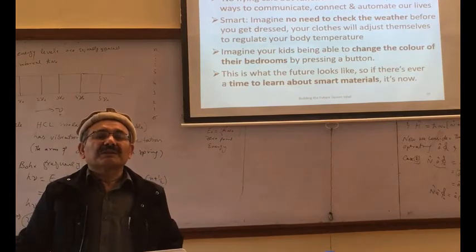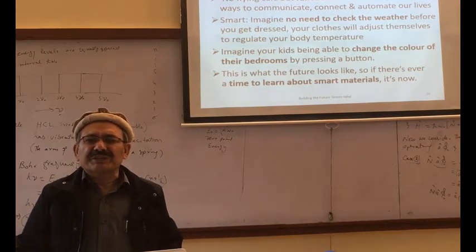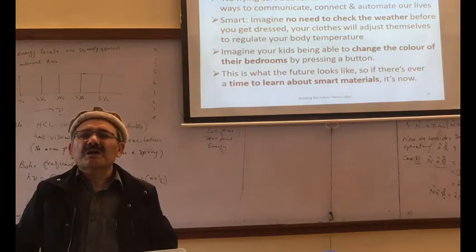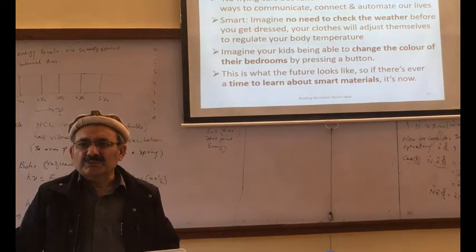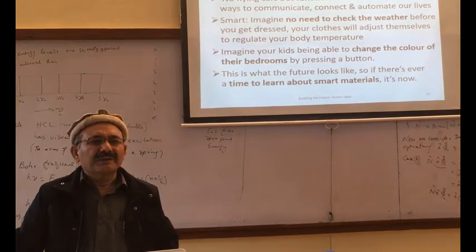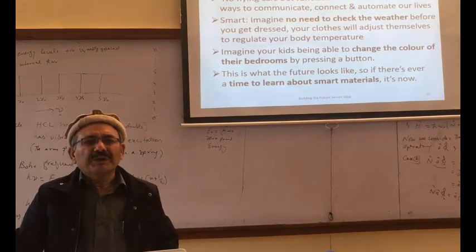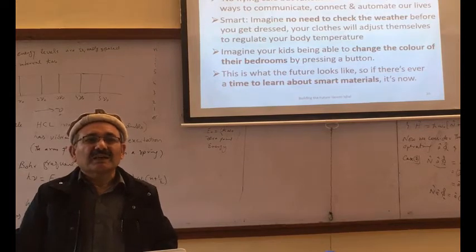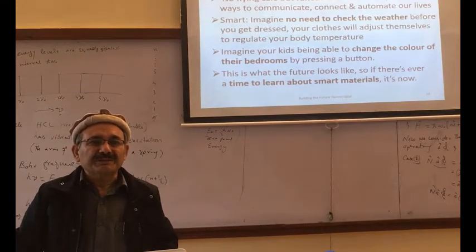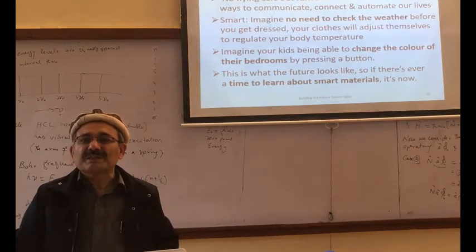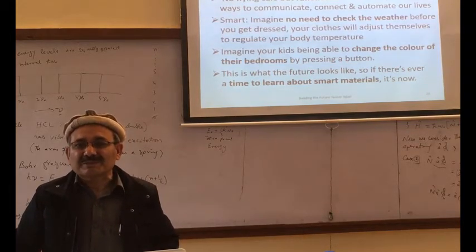But what the last couple of centuries have seen is that the world has transformed into smart materials. The world has become much smarter. We used to call it a university, but the present day kids are saying, I am going to uni. And people understand it. This means that the world is going smarter and smarter.